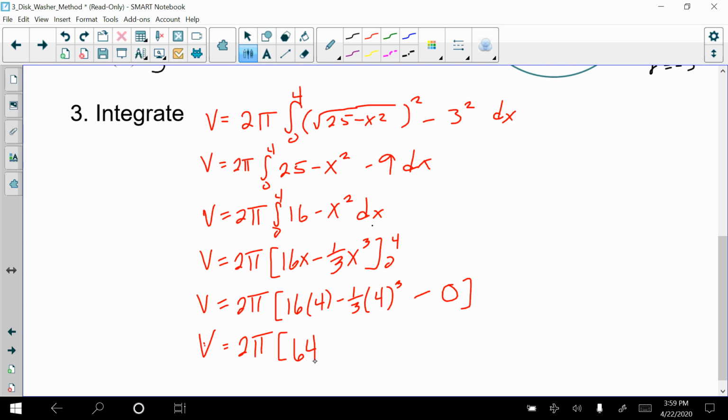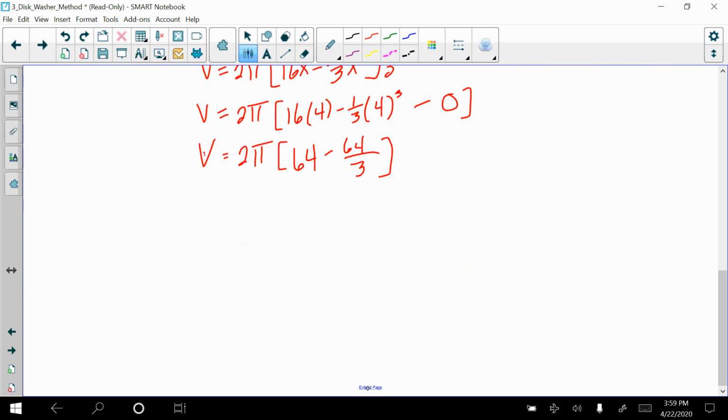I want to say it's 64 again. Yes, it will be 64. So that'll be minus 64 over 3. I'm running out of space here, so let's just keep moving down a little bit.